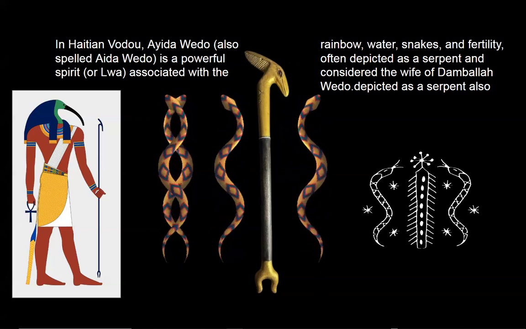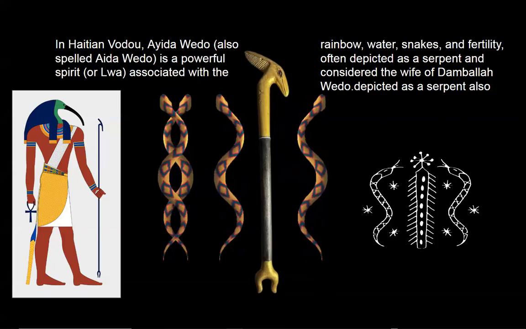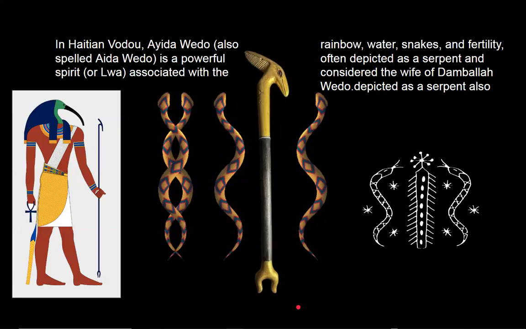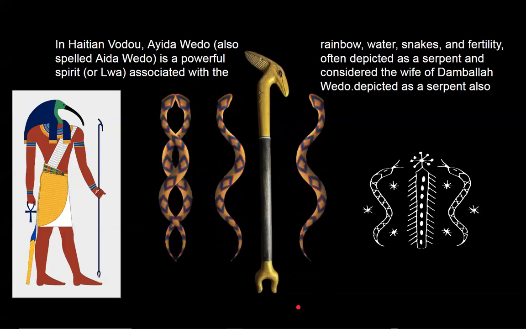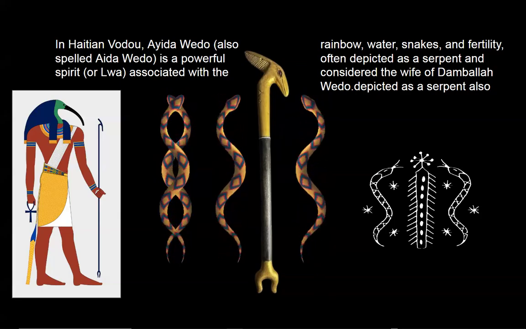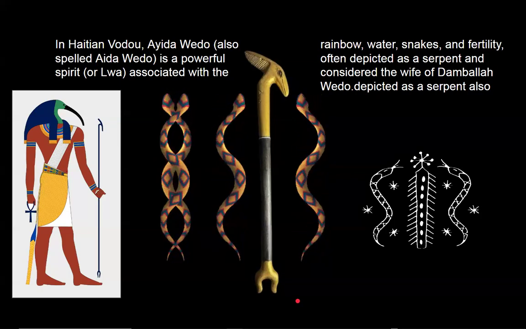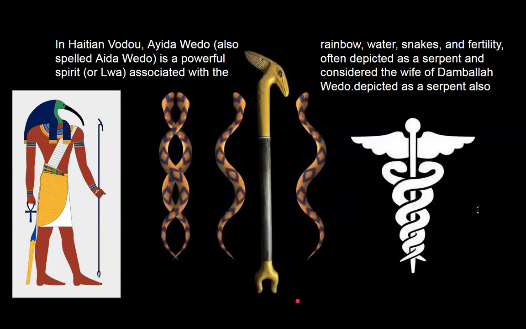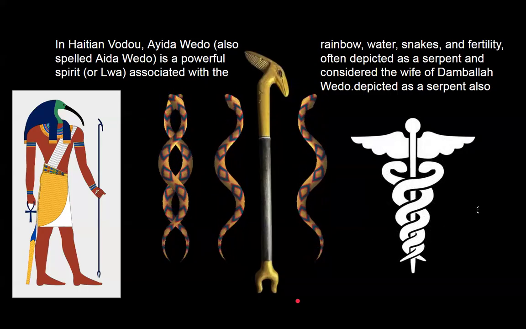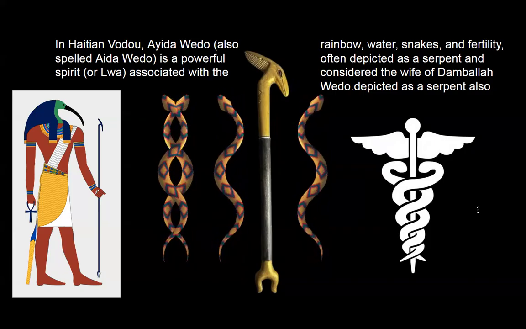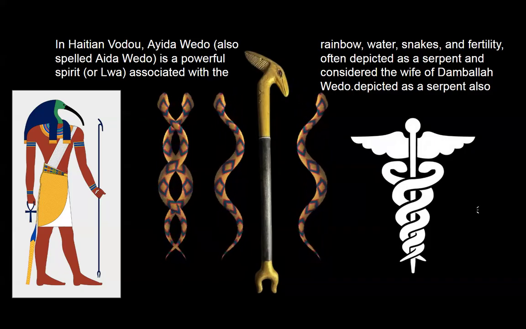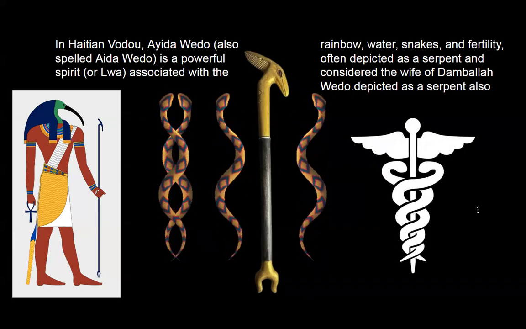It just takes longer. Now we put all this together and we get the symbol that you recognize as the symbol for medicine, also called the caduceus.